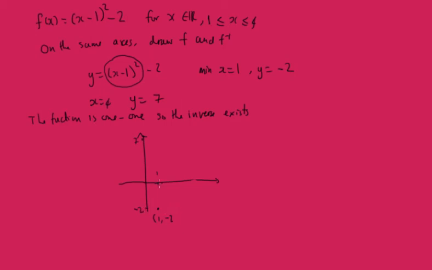So we've got 1, minus 2. We want to have 1, 2, 3, 4 here, 5, 6, 7, about here.